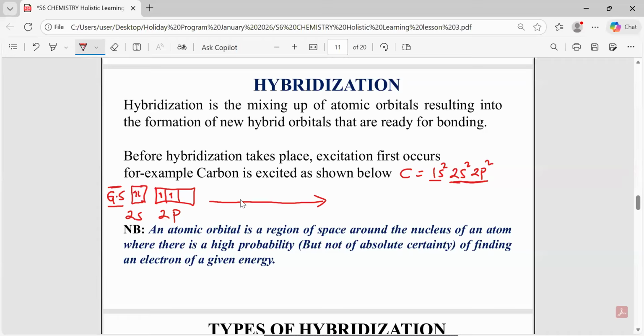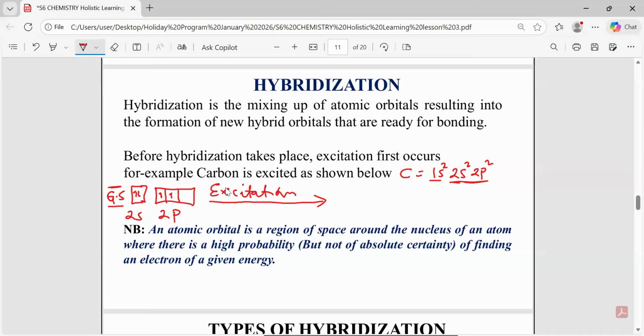When that happens, the carbon atom is now said to be excited. That process, of moving and occupying this free orbital, we call the excitation.